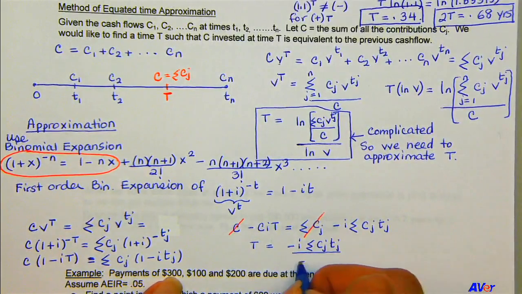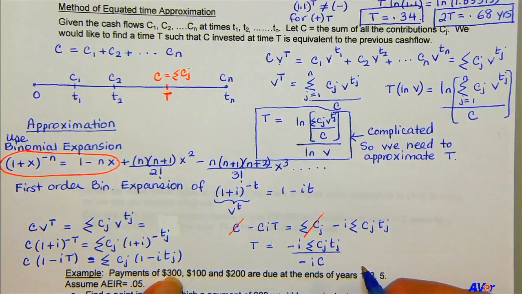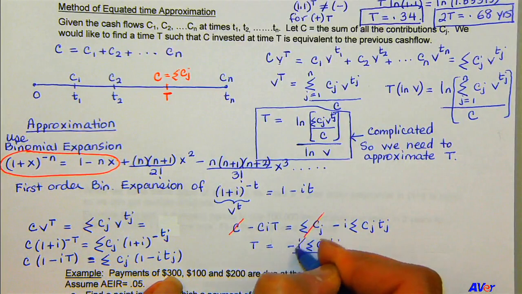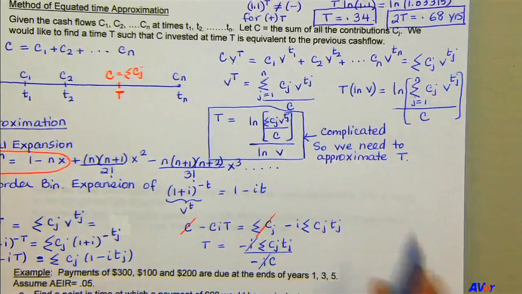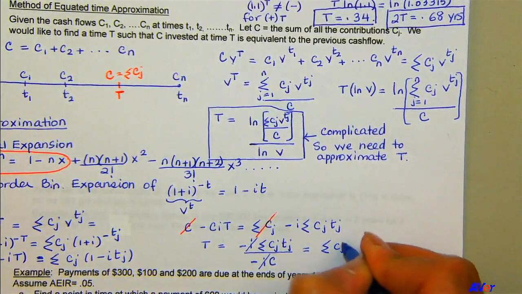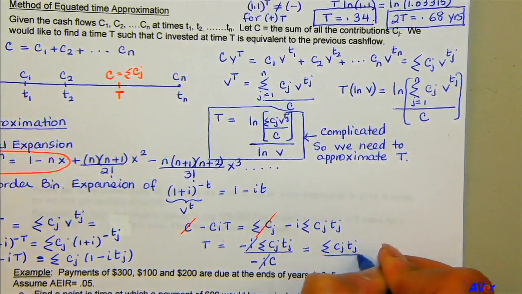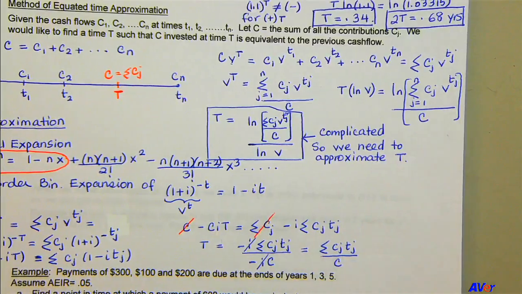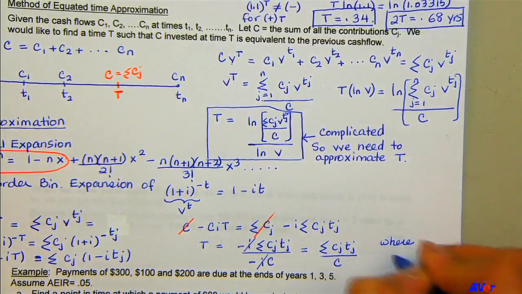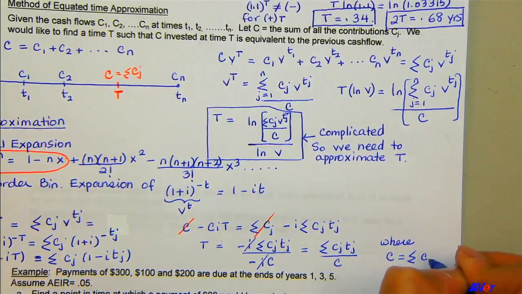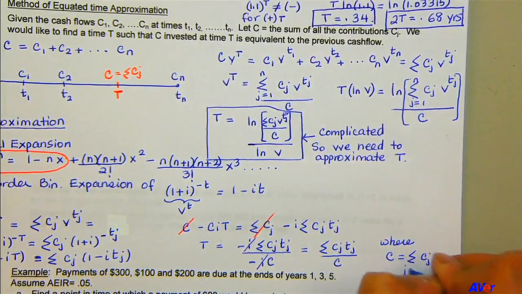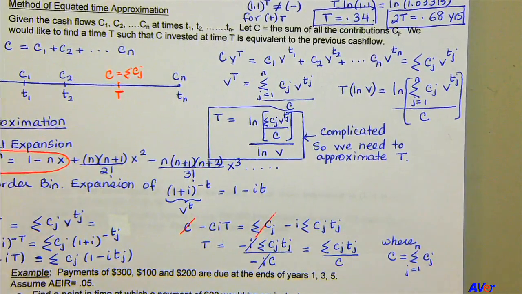The minus i and minus i cancel, and I'm left with t equals the summation of cj tj over c, where c is equal to the sum of the contributions cj, j equals 1 to n. And that's the rule that I used before.